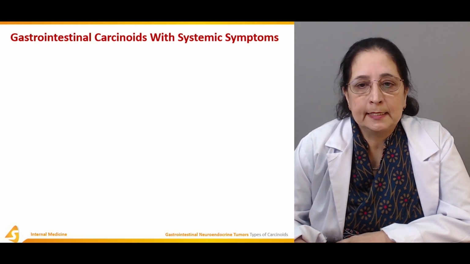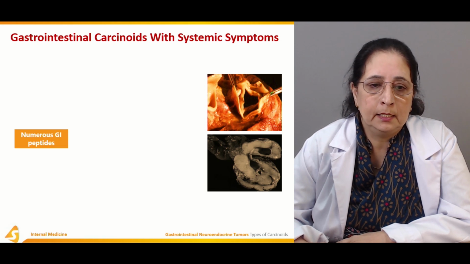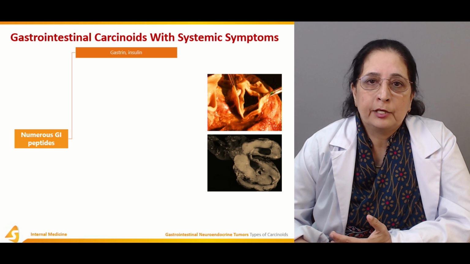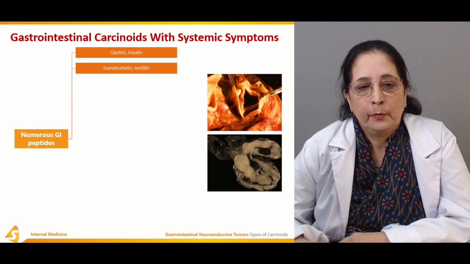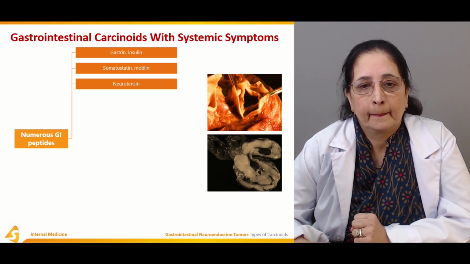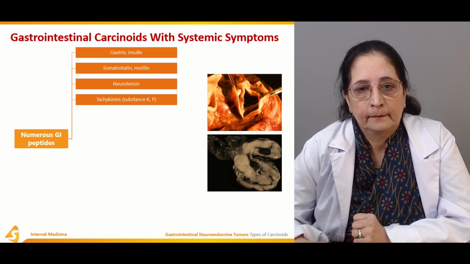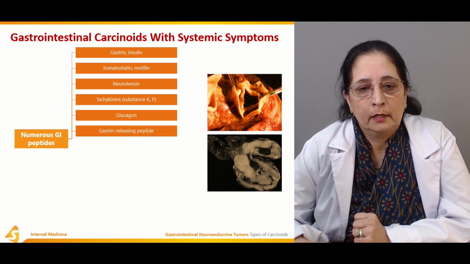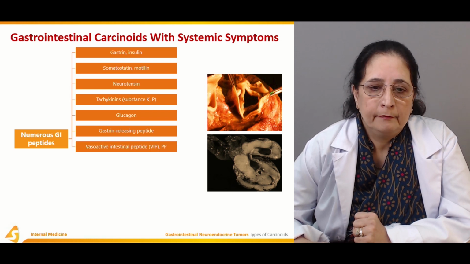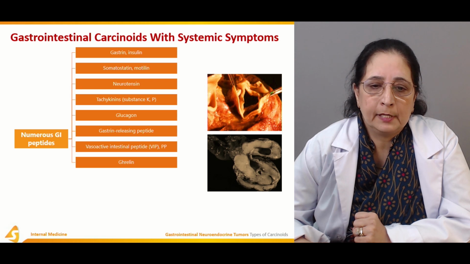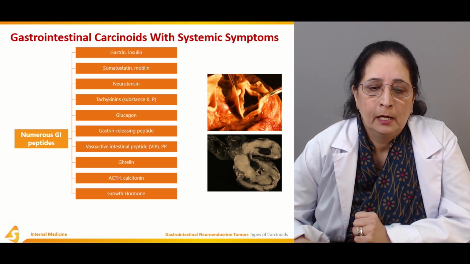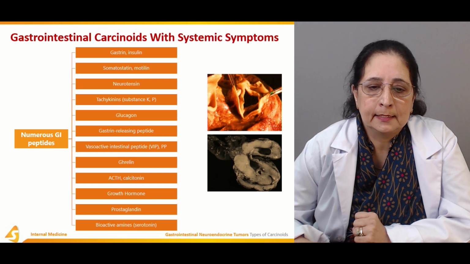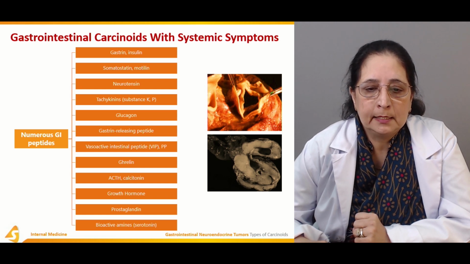Gastrointestinal carcinoids with systemic symptoms are the ones which have numerous gastrointestinal peptides like gastrin, insulin, somatostatin, motilin, neurotensin, tachykinins, substance K, P, glucagon, gastrin-releasing peptide, vasoactive intestinal peptide, ghrelin, ACTH, calcitonin, growth hormone, prostaglandins, and bioactive amines like serotonin.